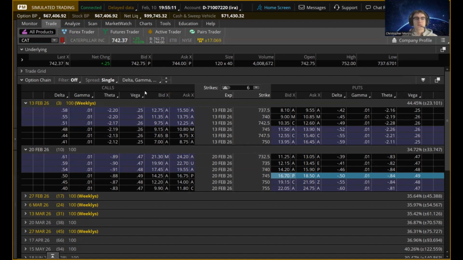So I hope this video helped those who needed a little introduction to Thinkorswim. I know it's a lot to look at, a lot of information to process, and my professor said that this interface will be on the exam. So I'd basically just get familiar with the bid ask mechanic, know the option chain, recognize that calls are on the left side and puts are on the right side.